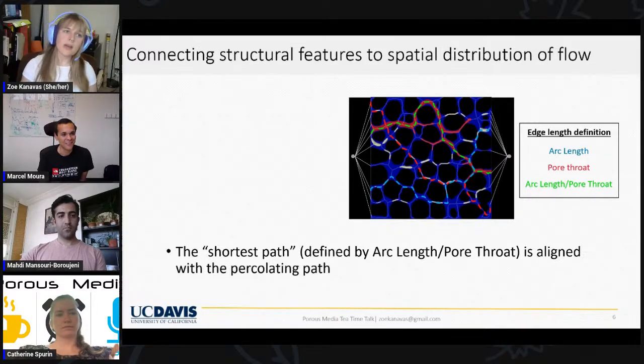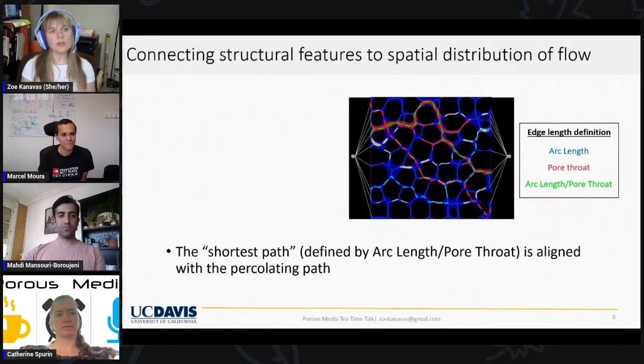I don't think it's necessarily a surprising result. When we break it down into parts, we have the arc length, which is the actual distance traveled along the topological skeleton. In theory, to get across a sample, you want to take a fairly short path. But then the 1 over pore throat aspect gives us a measure of resistivity, and it's easier to go through a pipe that is much wider than one that is much smaller.